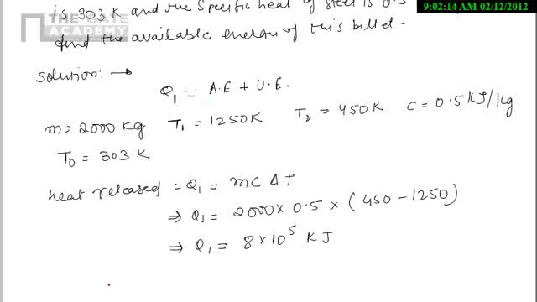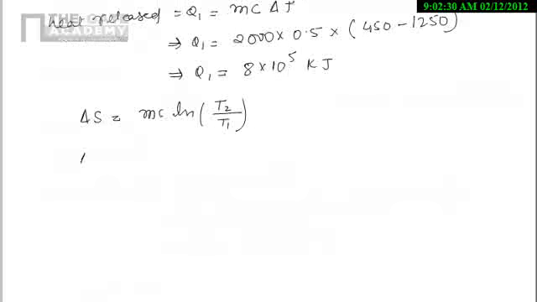Now I will calculate del S, that is the entropy change. The entropy change for this process we can write as mc ln T2 by T1. So for del S, m is 2000, c is 0.5, T2 is 450, and T1 is 1250.